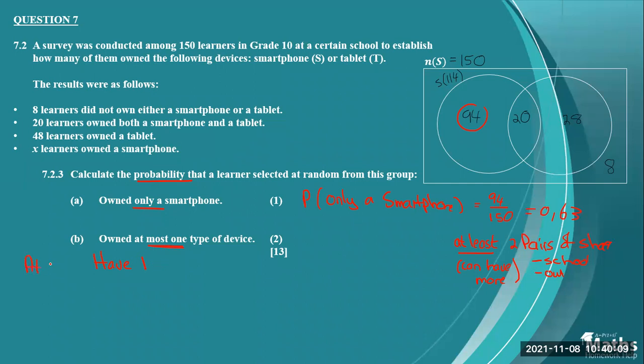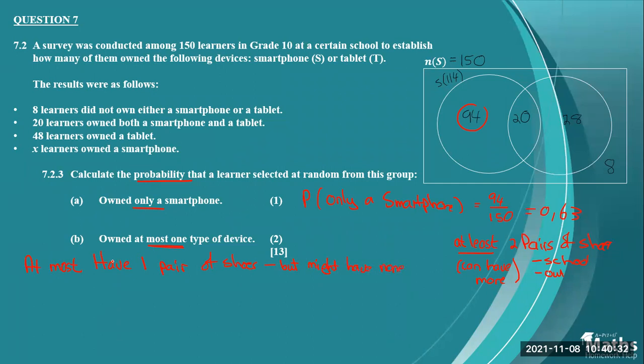Think of poor people: at the most, they will have one pair of shoes, but they might have none.